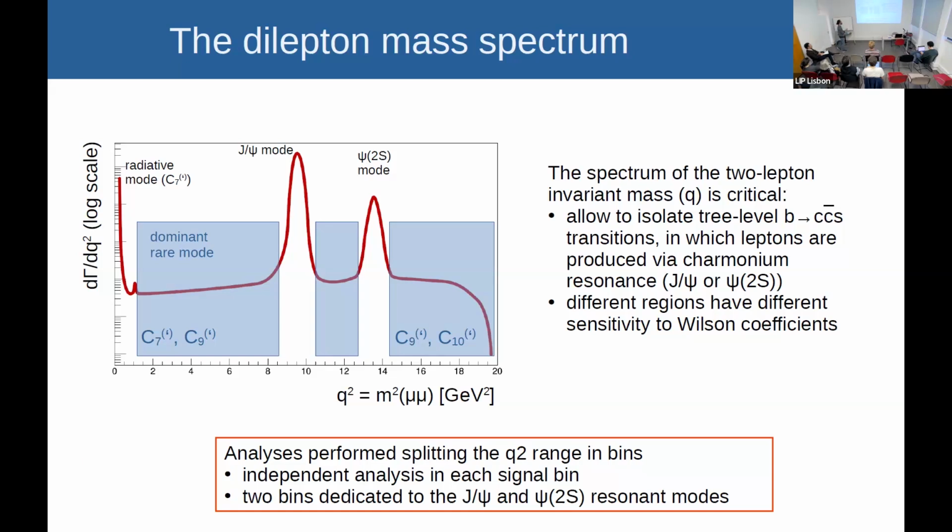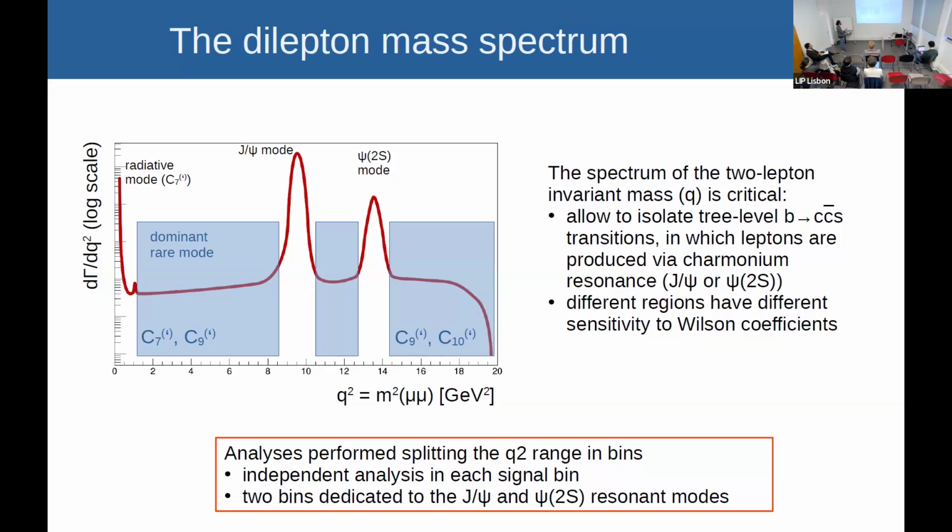So this is an irreducible background. The only way we have to isolate it is indeed to split the dimuon invariant mass spectrum and dedicate some regions to contain these particular decays that will peak in this spectrum.